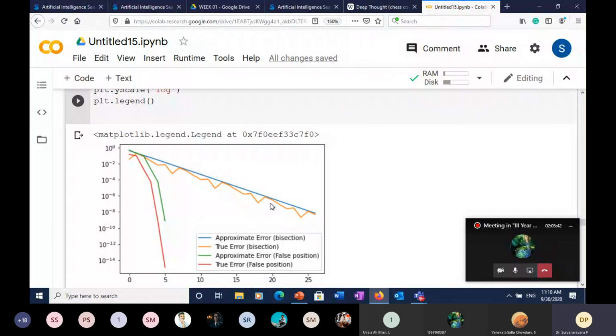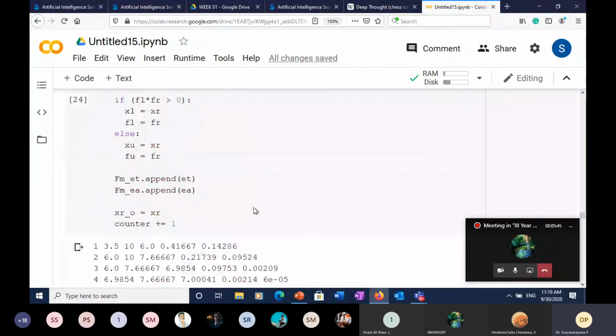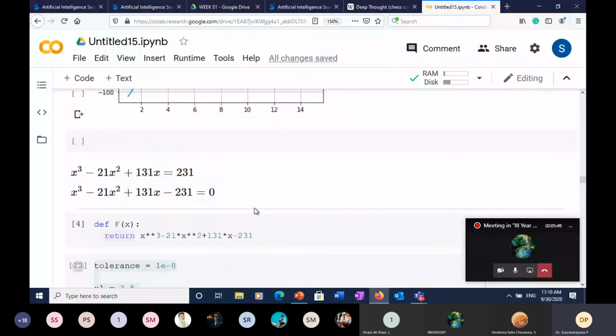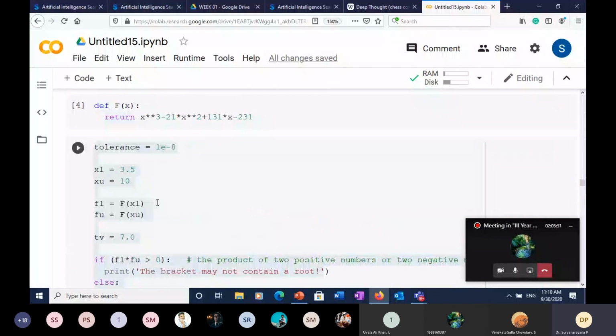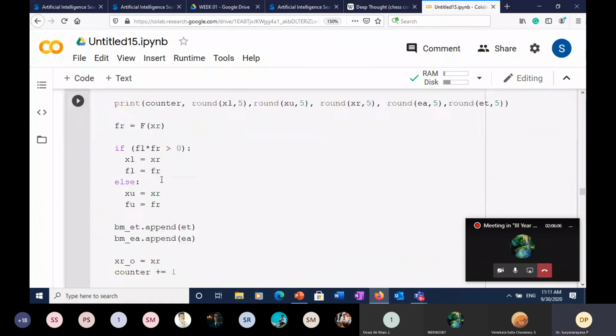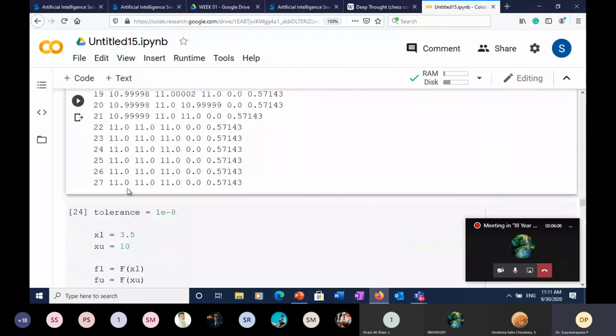I noticed that for this problem, when we are trying to find the third solution, which is this one, let us start at 10 and 20. So you're trying to find the root 11, and bisection took 27 iterations.